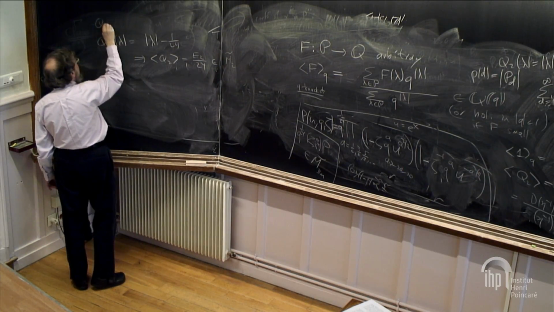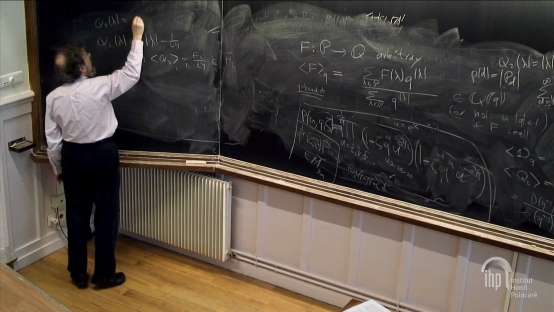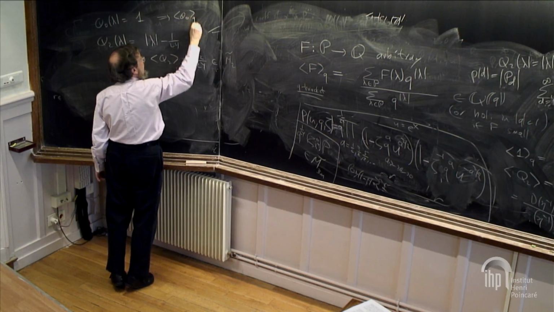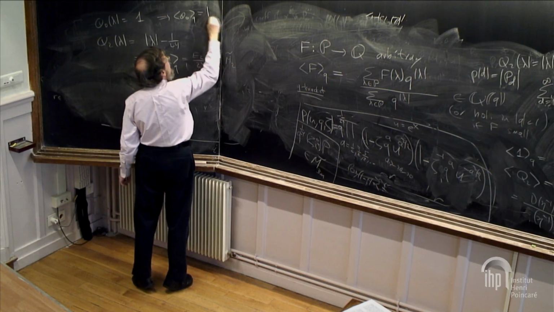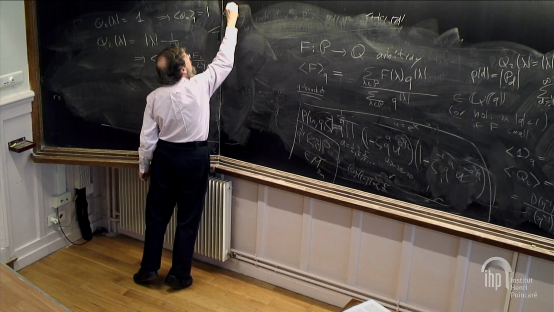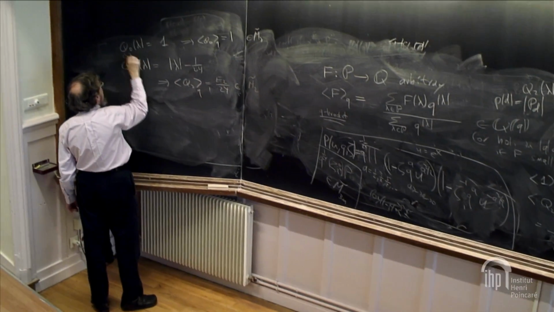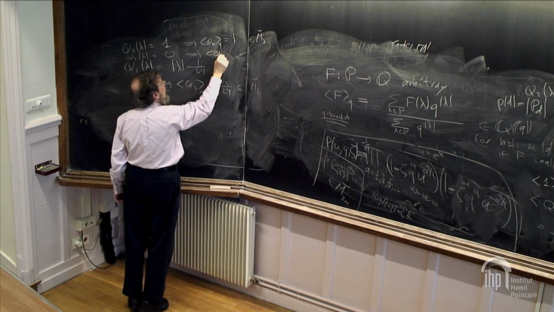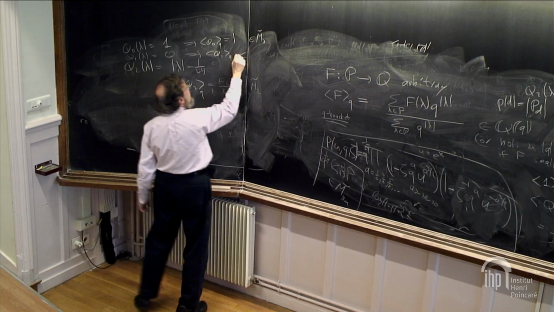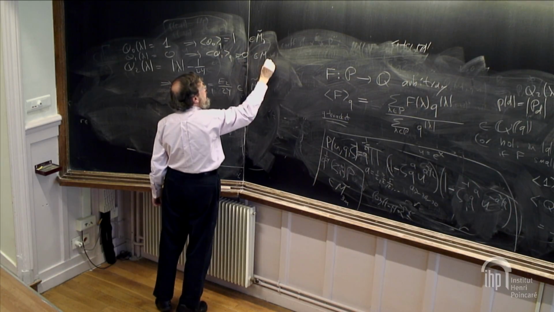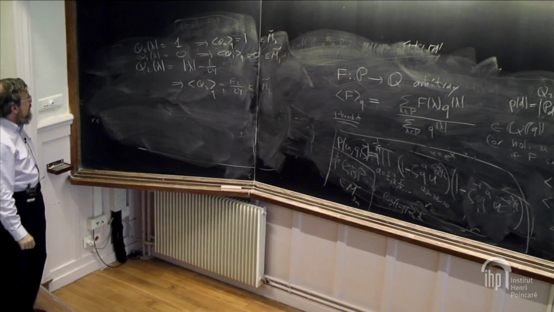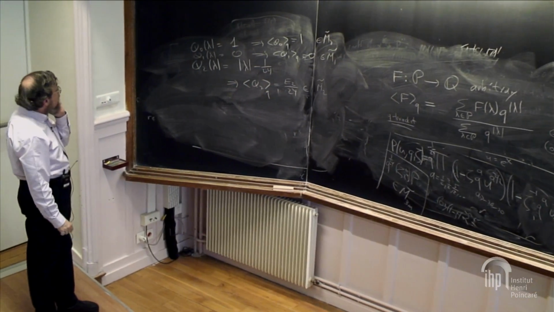Now, if I define Q0 of lambda to be 1, then the Q bracket is 1, which is also a quasimodular form of weight 0. And if I define even stupider Q1 of lambda to be 0, then the Q bracket of Q1 is 0, which is certainly a quasimodular form of weight 1. Not a very interesting one, but there aren't any very interesting ones because that space is 0.